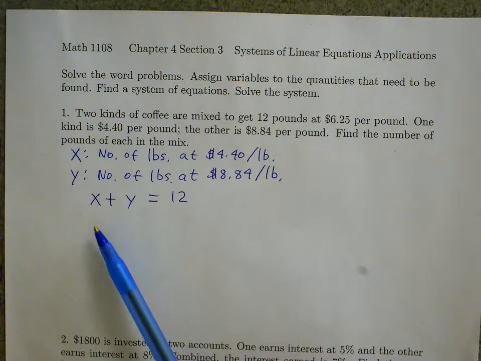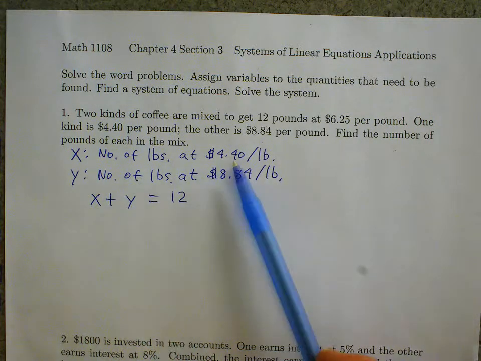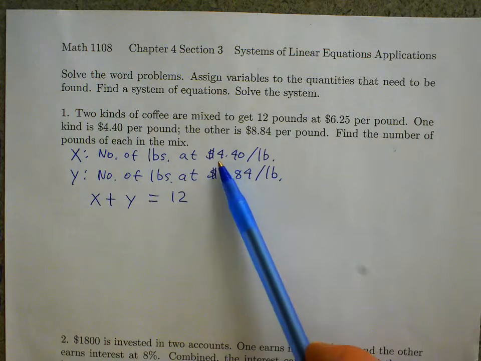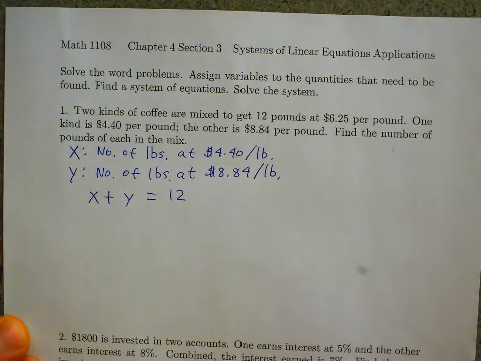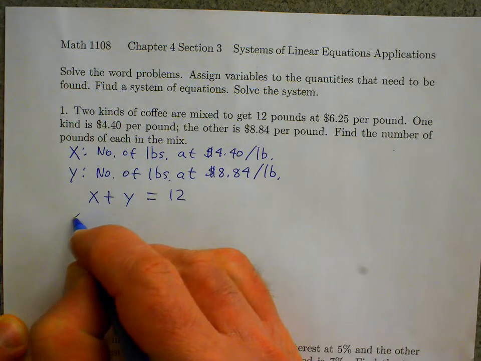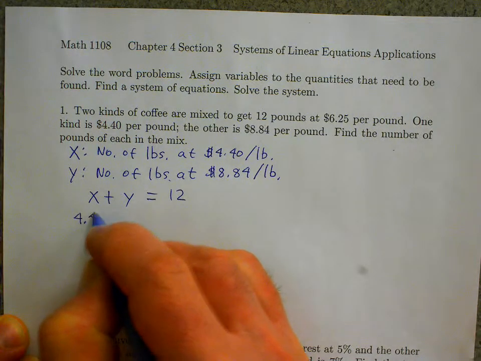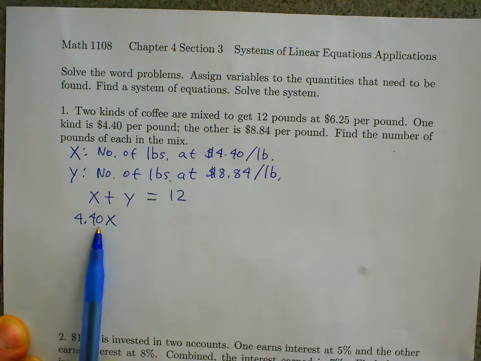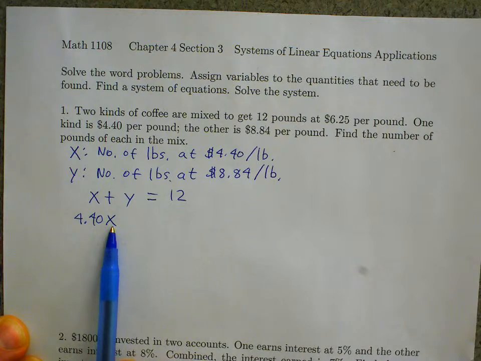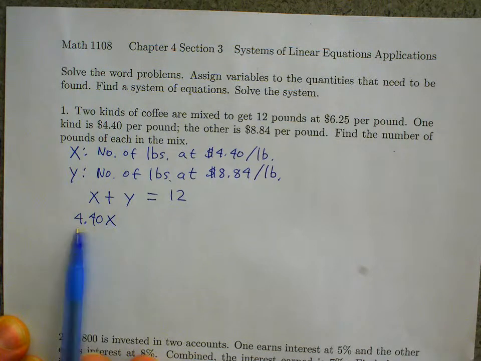If X pounds costs $4.40 per pound, then the value of those X pounds is 4.40 times X. This term represents the value of X pounds of coffee at $4.40 per pound.